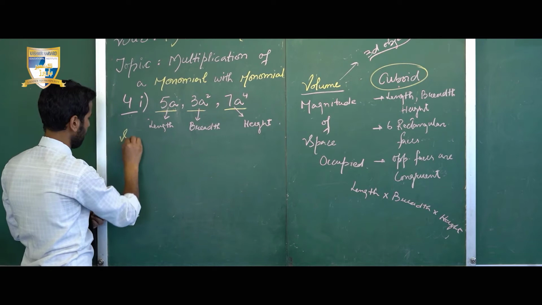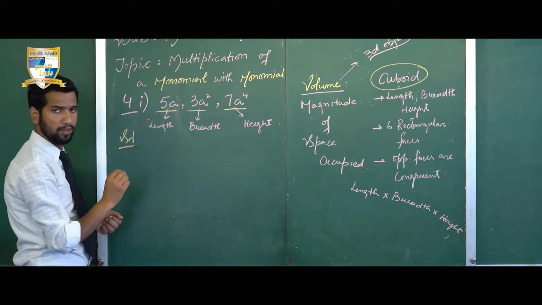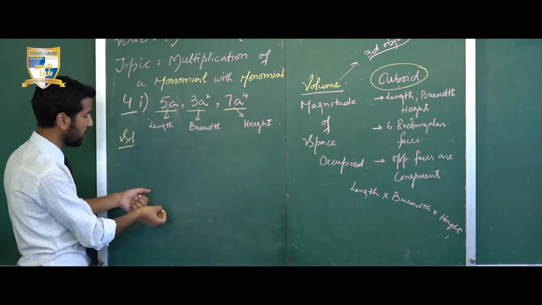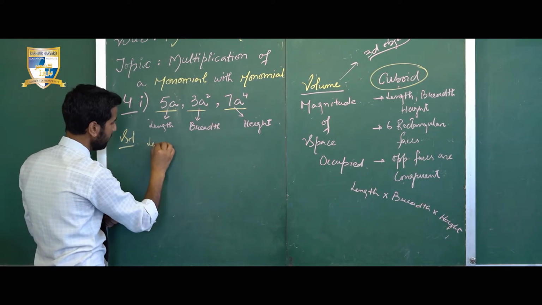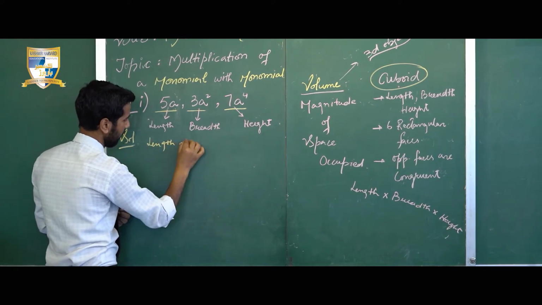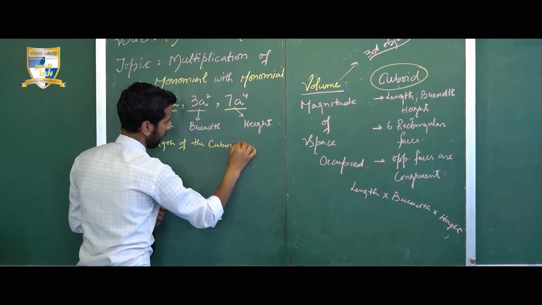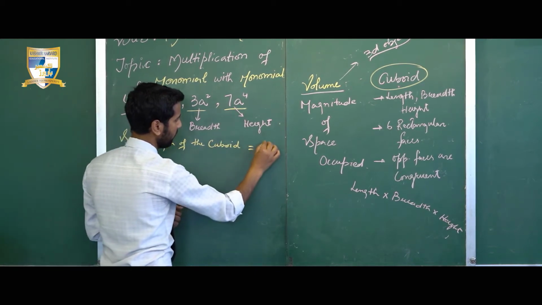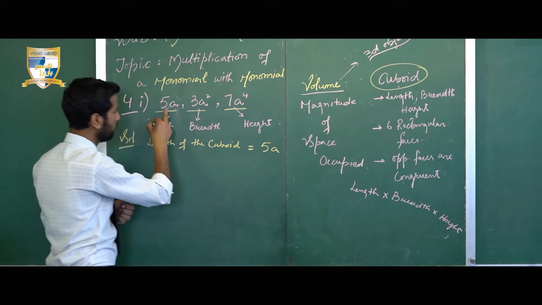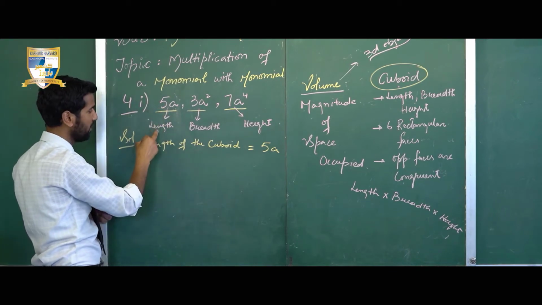So how are we going to start our solution here? First we are going to write: length of the cuboid is equal to 5a, the first monomial, representing length here.